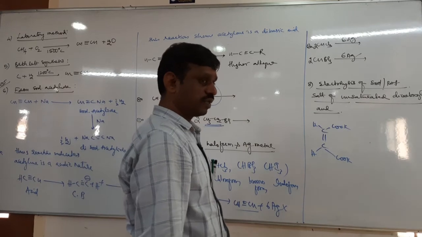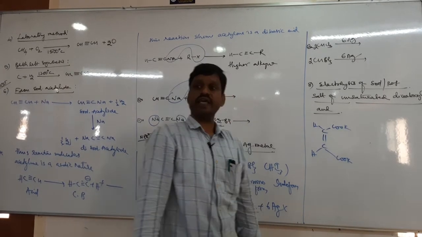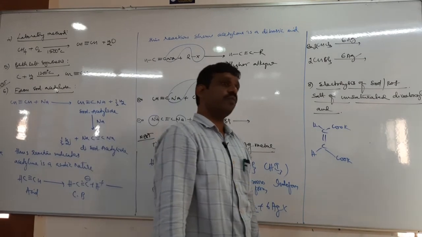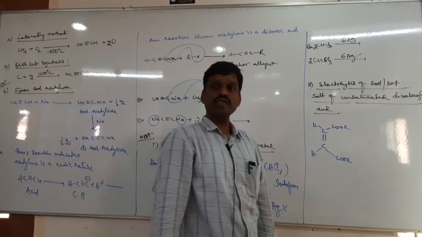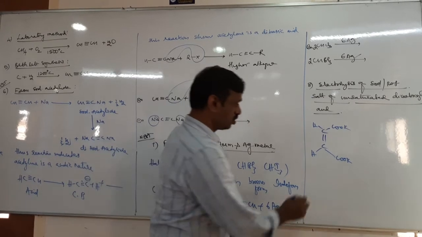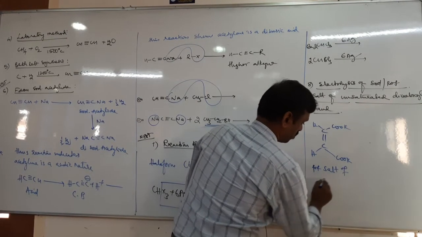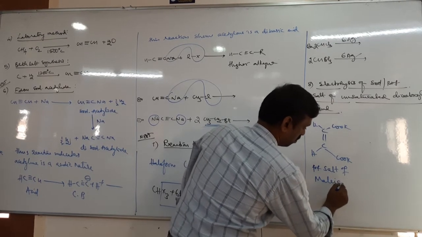Very good. Maleic acid is cis, fumaric acid is trans. The relation between maleic acid and fumaric acid is cis-trans isomers. Okay, so this is a potassium salt of maleic acid.